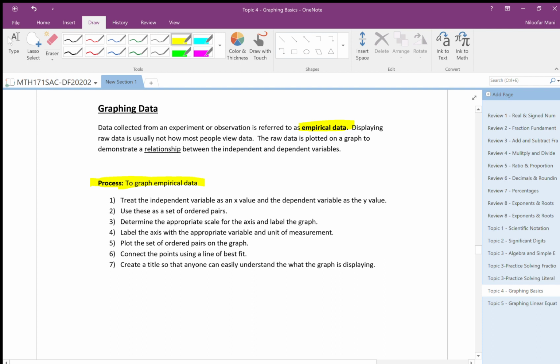So treat the independent as the variable. The independent variable goes on the x values and the dependent one goes on y. What is the independent variable? The independent variable is, for example, time, which you don't change. You cannot change time; time is passing.